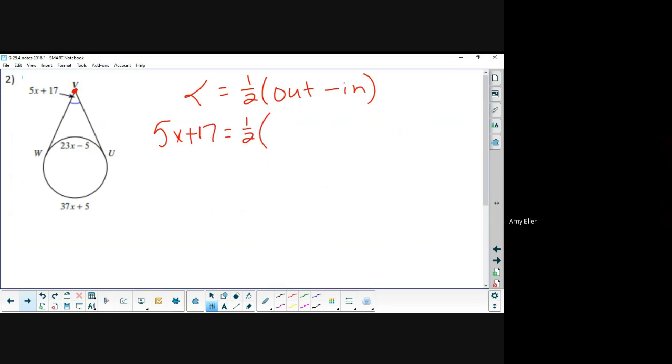Sometimes I highlight arcs, and then I look at which one is farther out, one that's farther away from the angle. 37x plus 5 minus the inner arc.